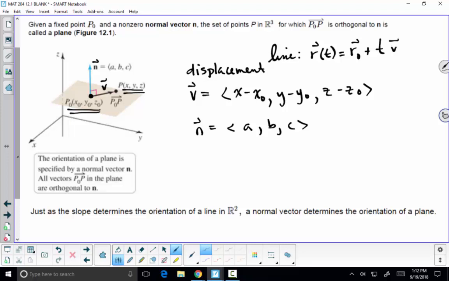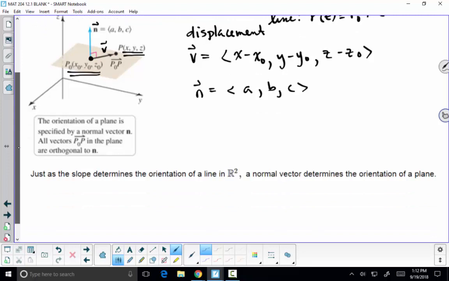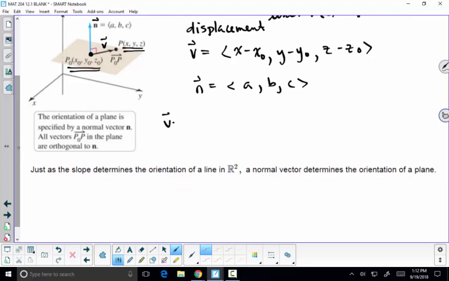If v is not perpendicular to n, then those won't dot to 0. So to get all the x, y, z's that are in the plane, you're asking for all displacement vectors off your known point that dot to 0 with the normal vector. So this will generate the equation: v dot n has to equal 0.